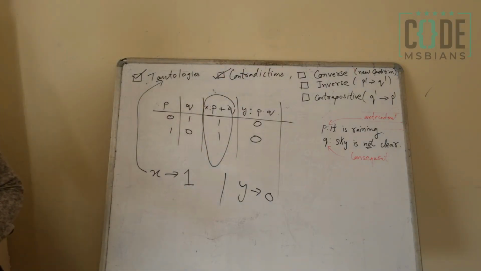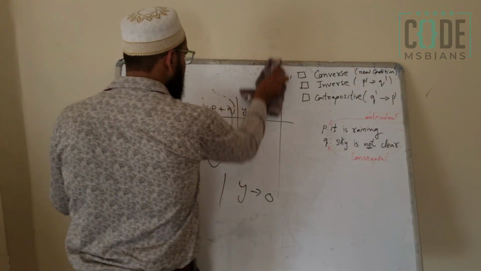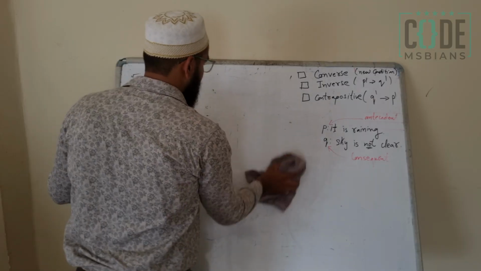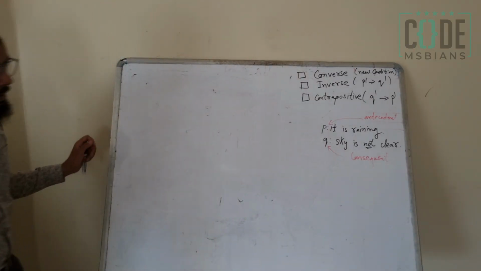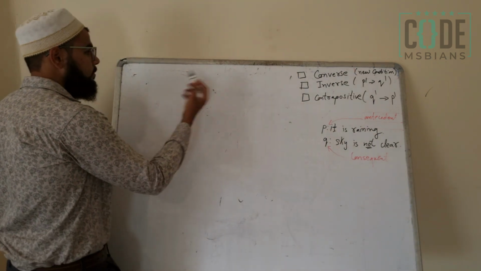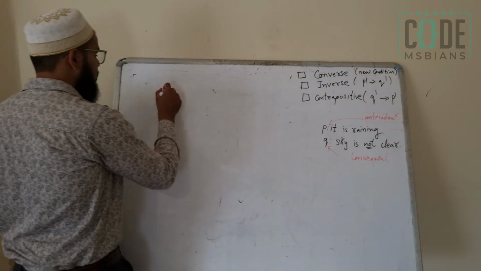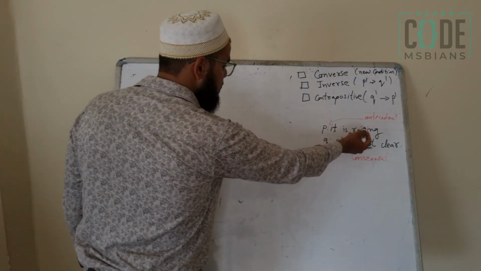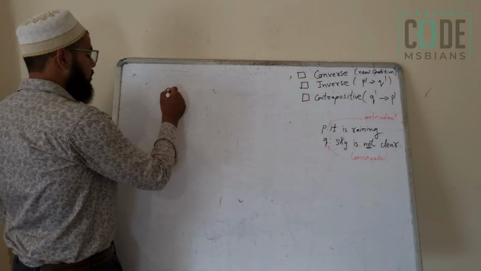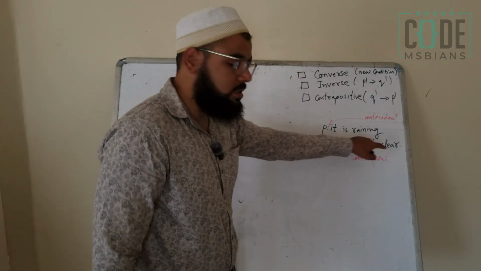Now we will discuss converse, inverse and contrapositive. We have two statements here. P is it is raining, the first statement, and the second statement Q is sky is not clear.